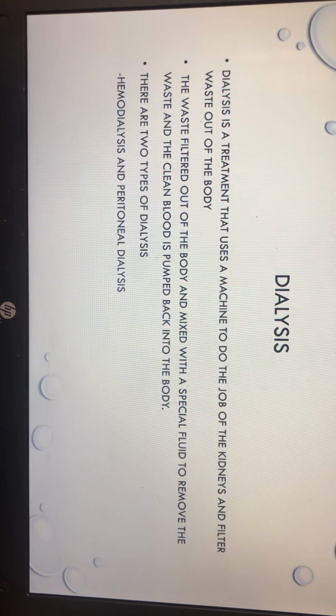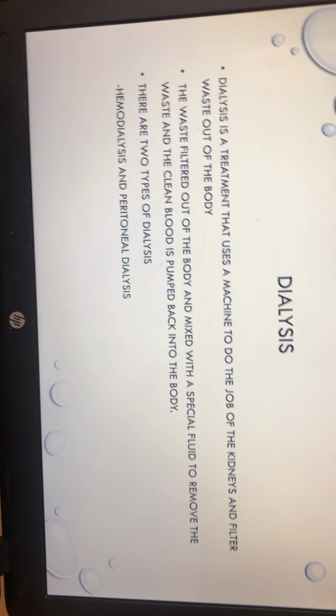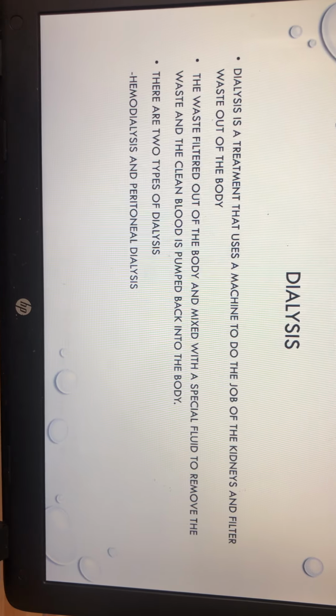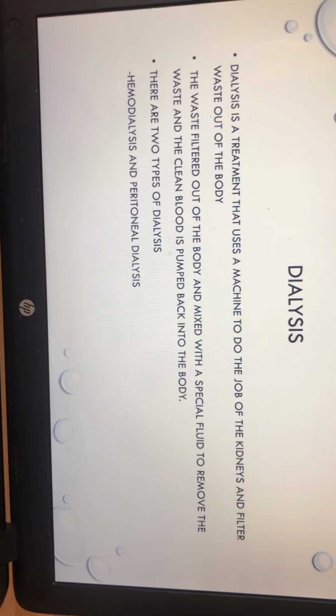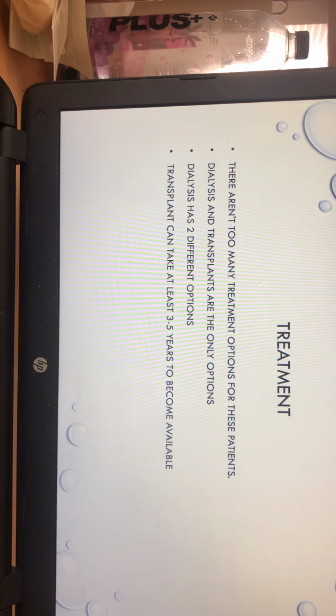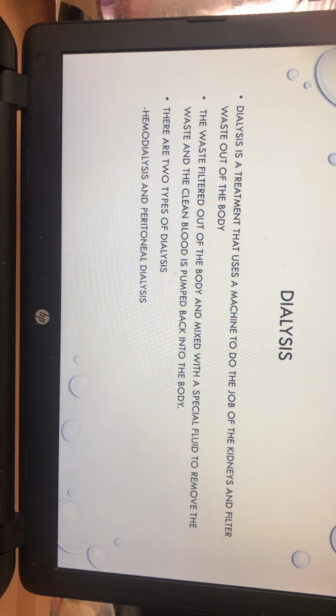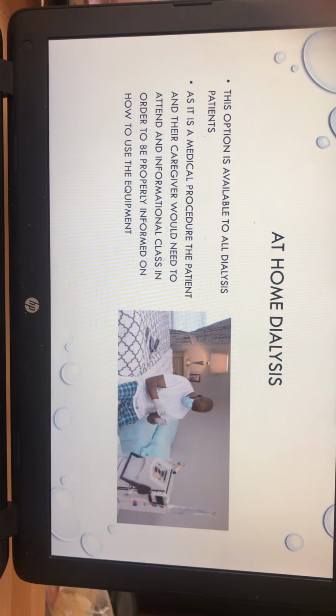So for a small period of time, there's a small amount of blood outside of the patient's body. And there are your two types of dialysis.